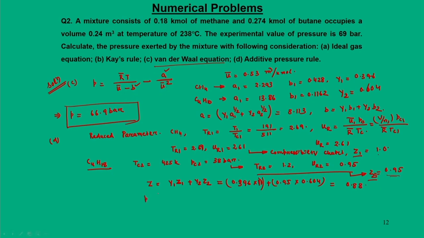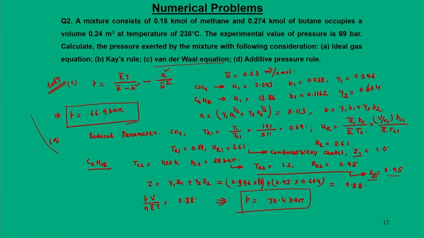Then we can write the general equation, that is PV by N R bar T is equal to 0.88, and this equation will give you P as 70.4 bar. So, you can see that this is the same value as predicted by the K rule.